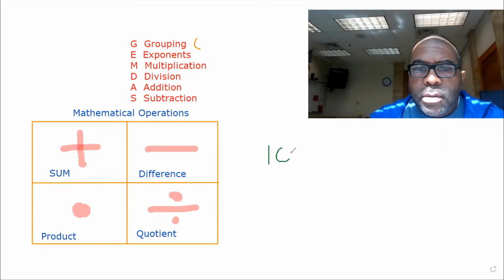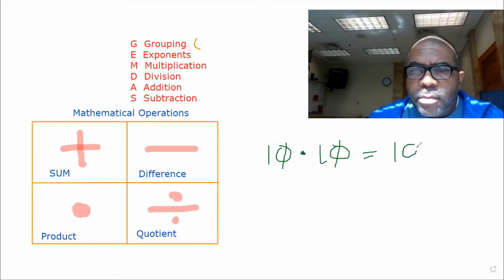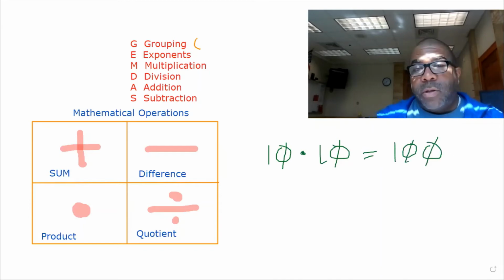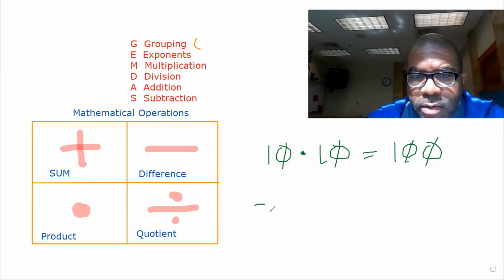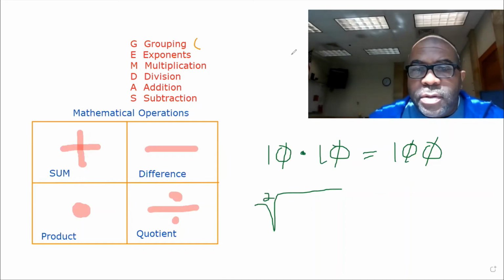10 times 10 is 100. So the square root of 100 is 10. Remember, you can put a 2 here if you want to, but in most cases we don't have to.